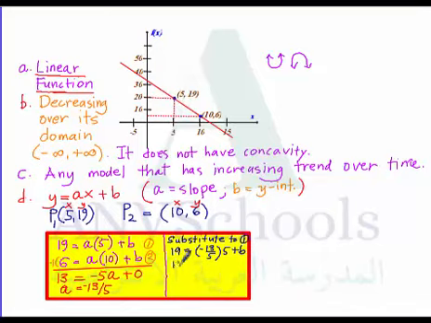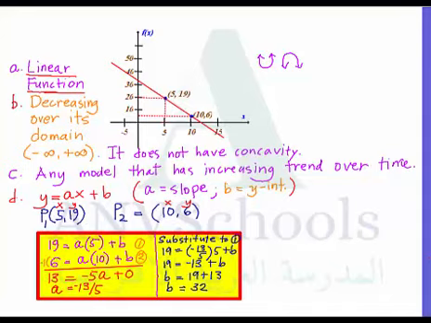And then from here I could solve my B. So we will have 19 is equal to negative 13 plus B. And my B is going to be 19 plus 13. So my B is equal to 32. Therefore, my answer would be, what is my answer?